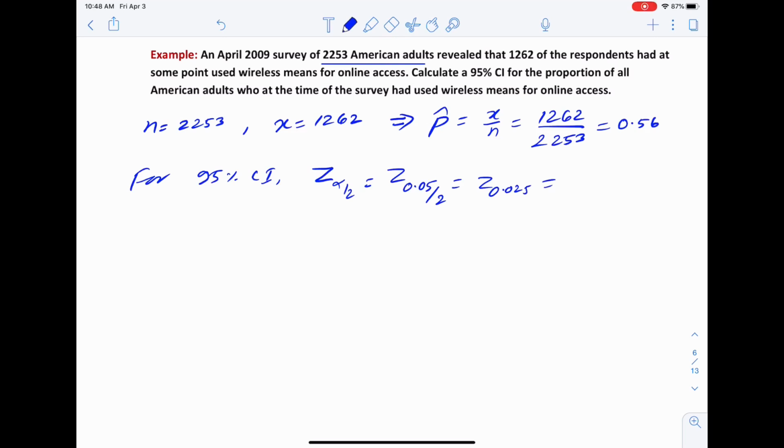So just like our previous section, we know this value is 1.96. So therefore the 95% confidence interval is p hat plus minus z alpha over 2 square root of p hat times 1 minus p hat over n.